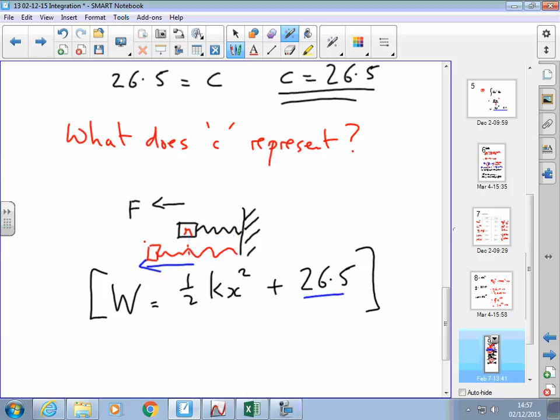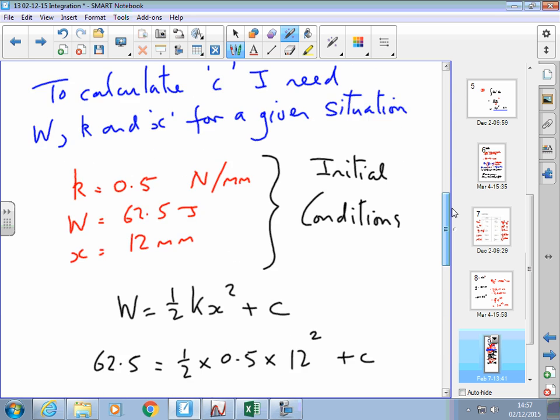So what does this 26.5 represent? It represents the work when x is 0. In other words, the work at the start. We've had to do 26.5 joules of work to get the mass to this point, and then we're going to extend it further, and then this graph will tell us what that work is.